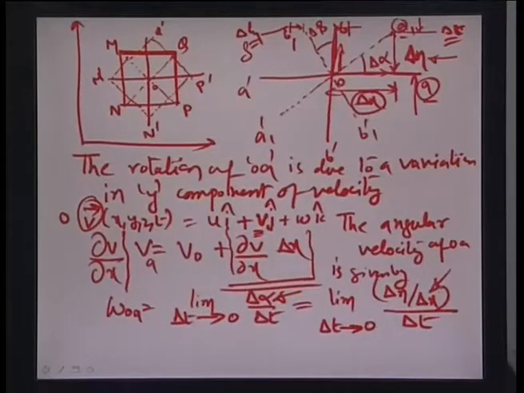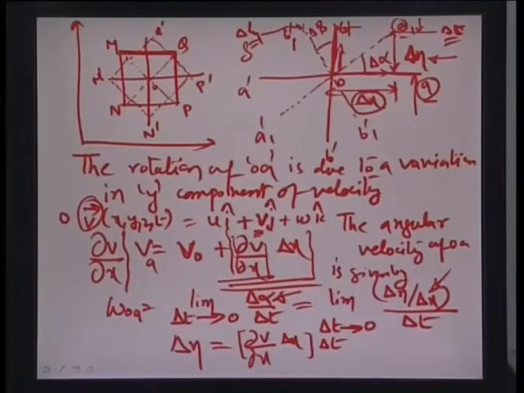So, let us now try to figure out what this quantity really becomes, or what the relationship is between the rate of change of the y component of the velocity with respect to x, as we derived here. Okay. So, delta eta, if we look at it closely, would be nothing but the differential velocity change of v, the y component of the velocity, as it goes from O to A, which is nothing but del v by del x times delta x, multiplied by delta t, the time that it takes for this point to go from A to A1.